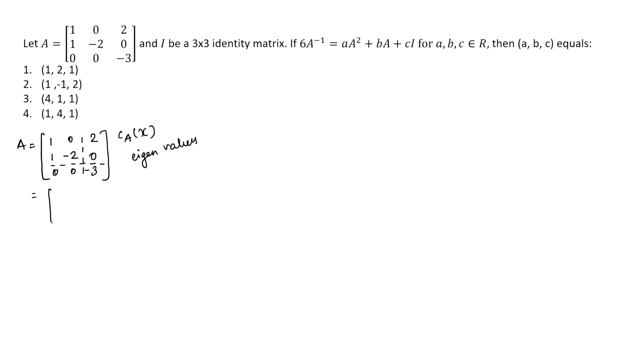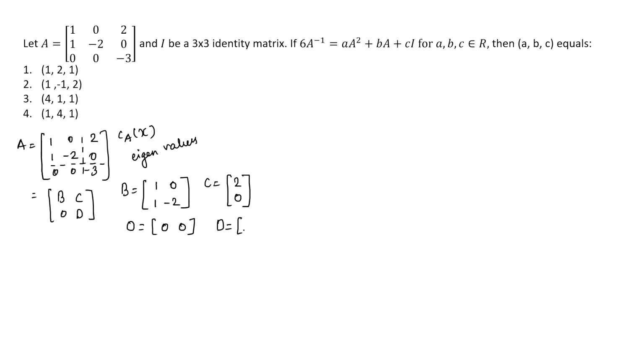This can be written as the block matrix [B, C; 0, D], where matrix B is a 2 by 2 lower triangular matrix [1, 0; 1, -2], C is a column matrix [2, 0], 0 is a row matrix [0, 0] and D is a 1 by 1 matrix, this.